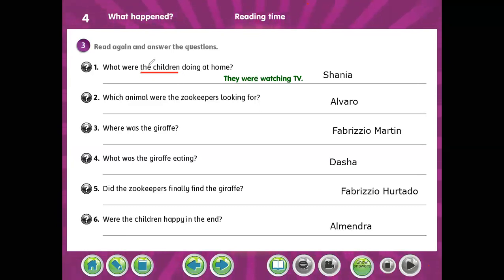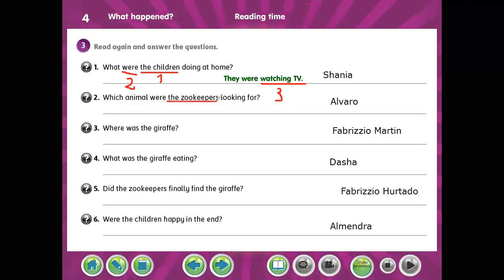To make a sentence is easy. It's not difficult. This is one, where. Now we need to put it in order. The children were, and finally the action. And we have a sentence. The same in number two. We need the sentence.